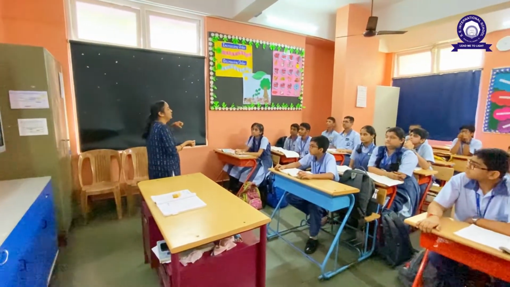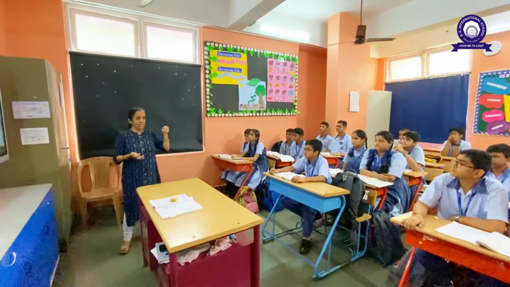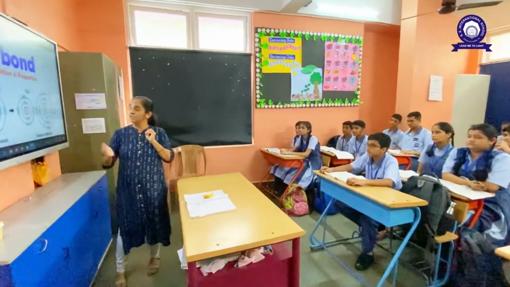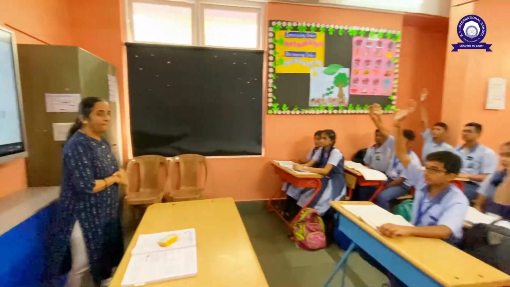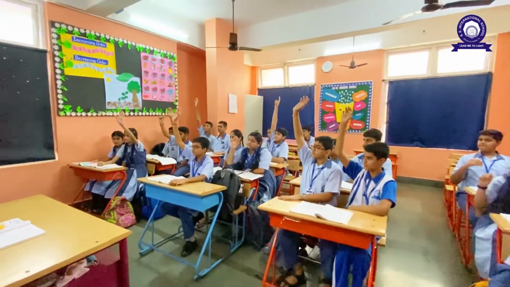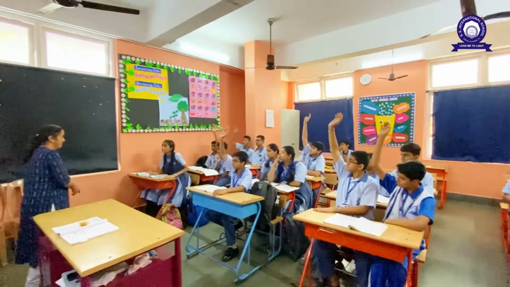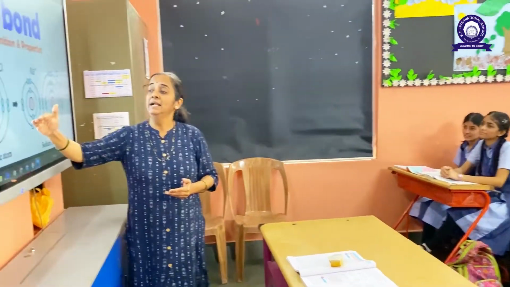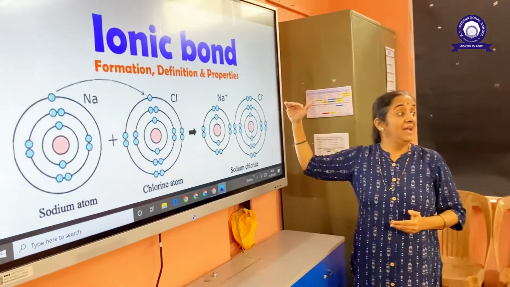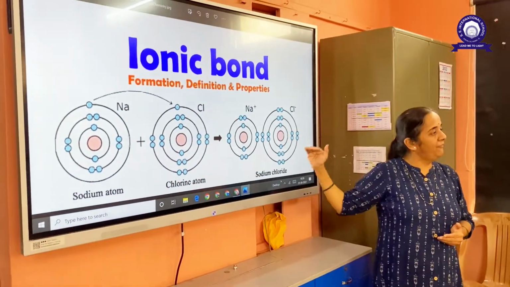But it is easier to gain 1 electron. So obviously, if electron is negatively charged, which charge will form on this chlorine atom? Yes, negative charge. So that's why a negatively charged anion of chlorine will form.